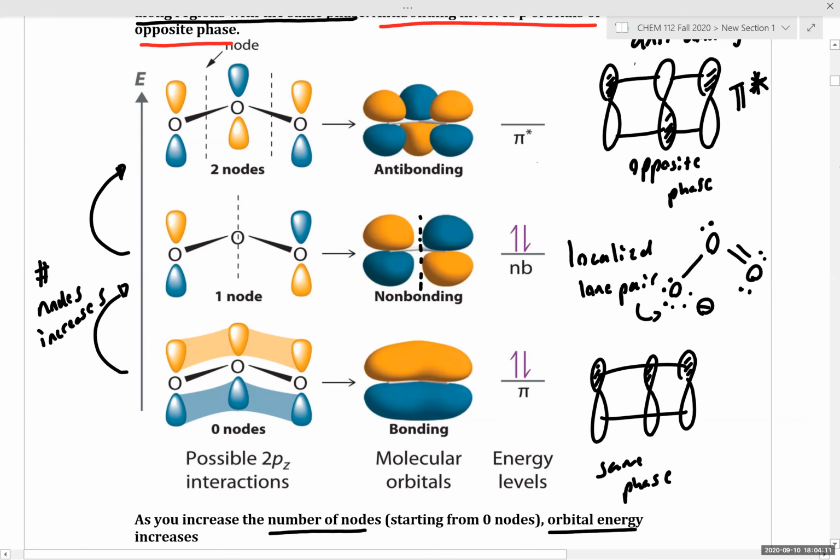And from these MO diagrams, we can begin to understand the relative energy of our molecule, and by looking at the molecular orbital picture, potential sites of reactivity and modes of reactivity for our molecule.